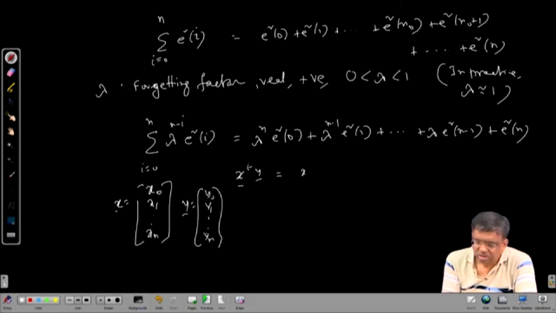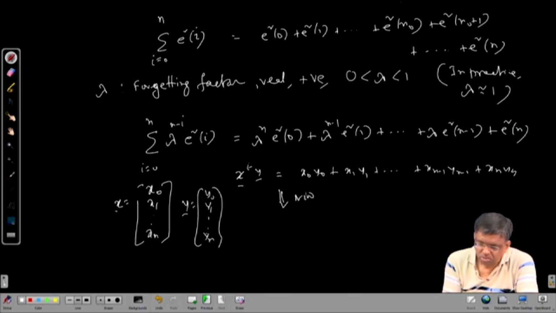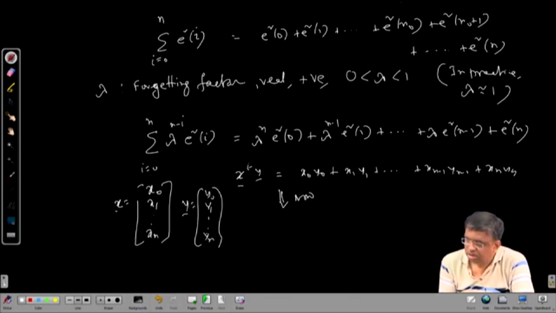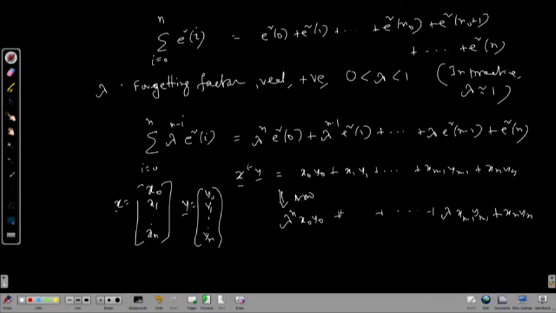This was x 0, y 0. Now it will be x n, y n, the current term as it is, then just 1 lambda, dot dot dot, and this is lambda to the power n, x 0, y 0.